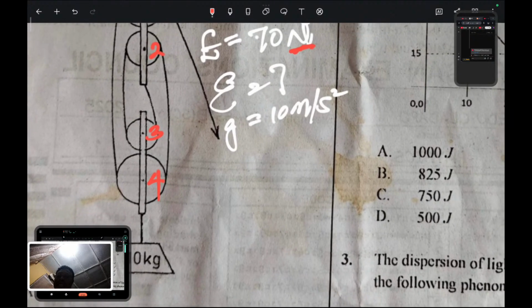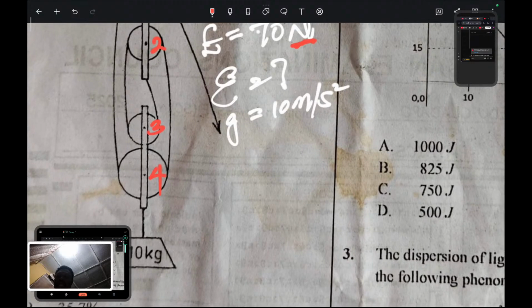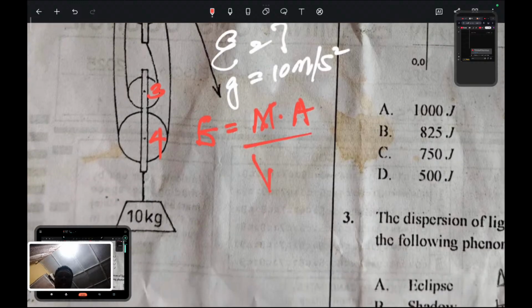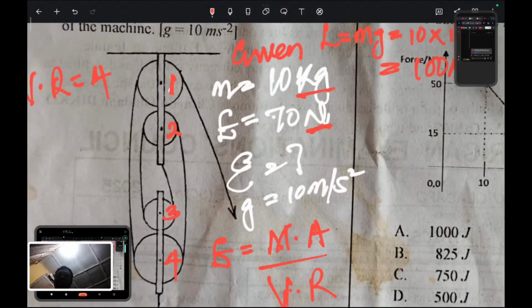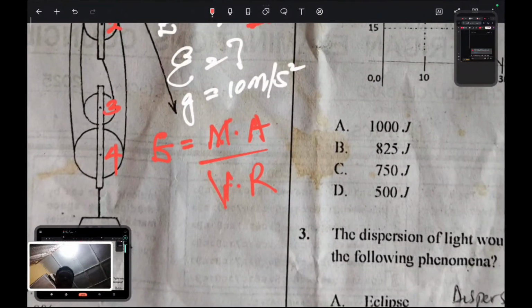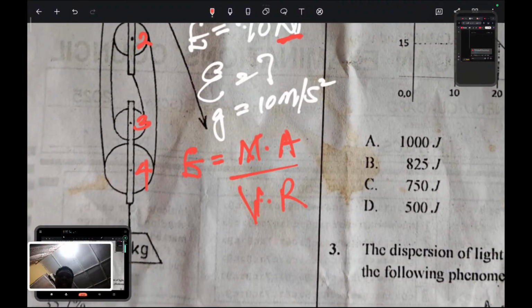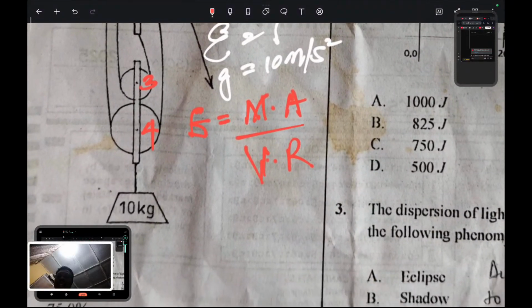So for us to find efficiency, we know that efficiency equals mechanical advantage divided by velocity ratio. Why are we using this? Because already we have velocity ratio. So with that being said, we need to find mechanical advantage.